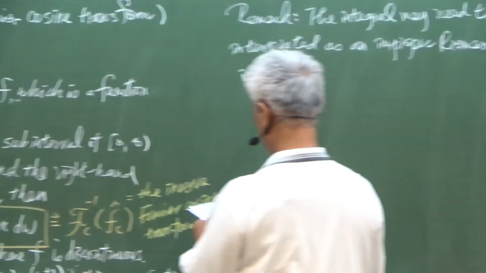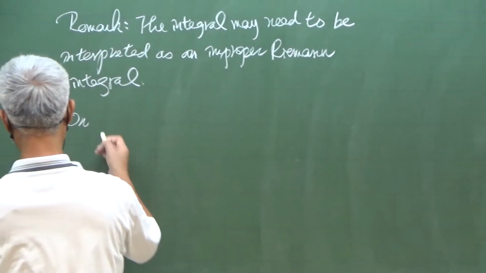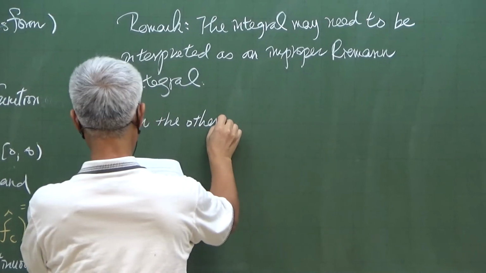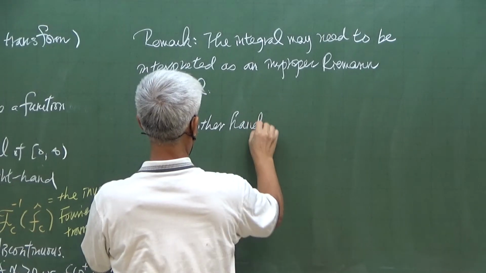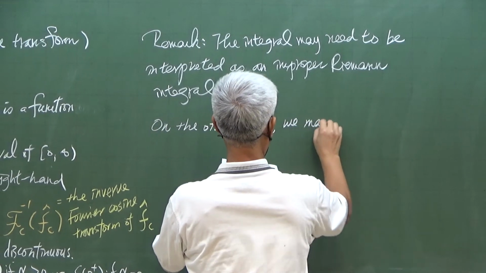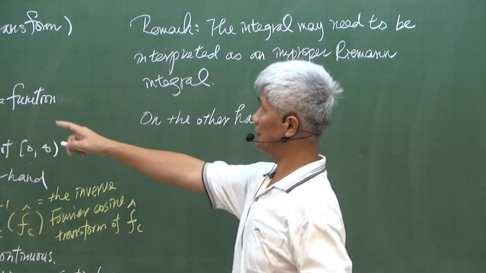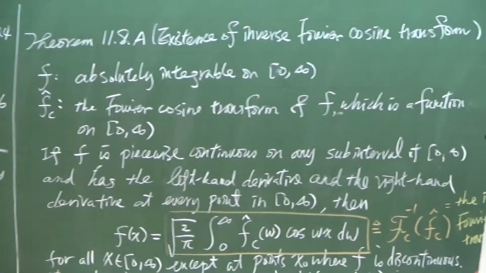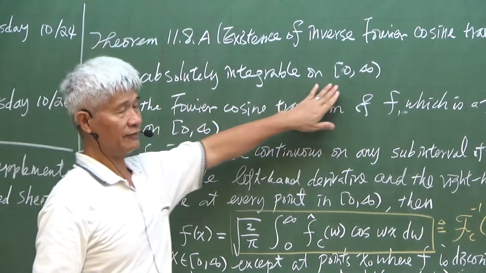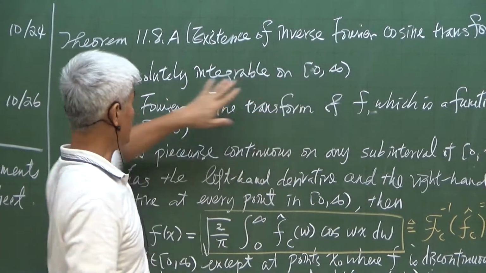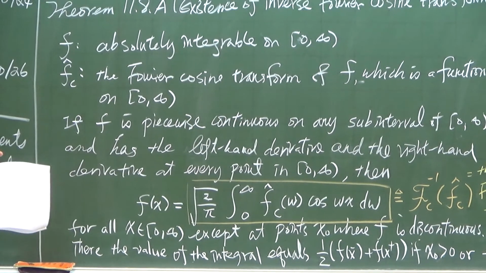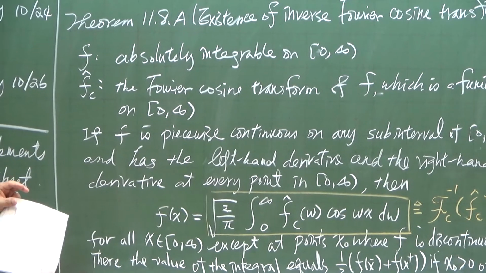So we discussed the Fourier cosine transform. Now we will redo the same thing in the other direction. We got the Fourier cosine transform by regarding f, defined on the semi-infinite interval, as the right-hand branch of an even function defined on the whole real line.